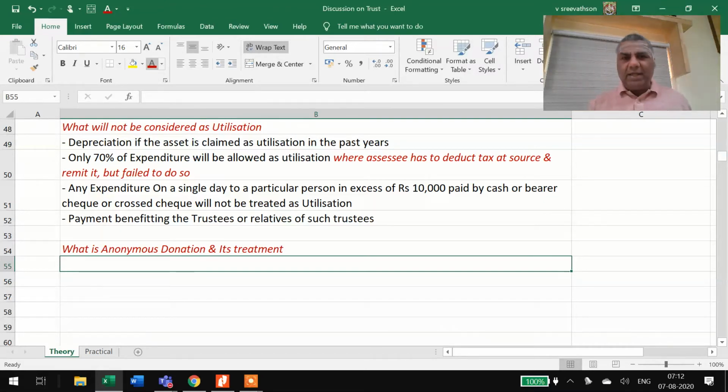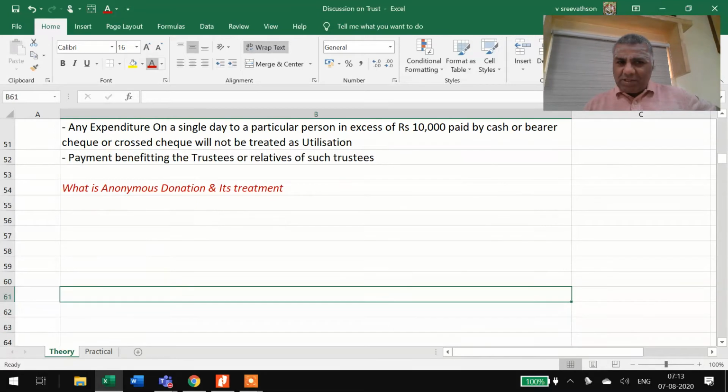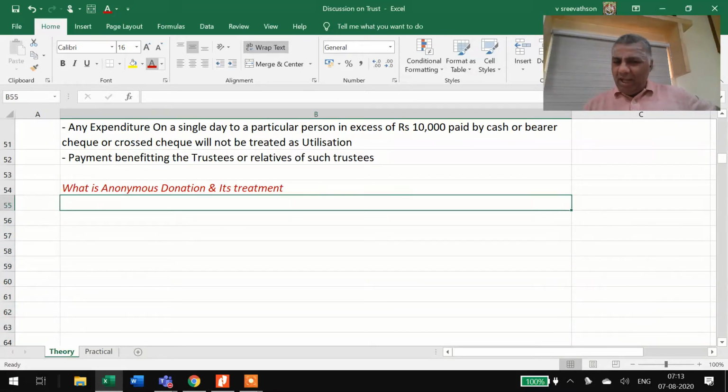Major sources are foreign, and domestically some people within the country are also giving money to the trust. The names don't get revealed and these funds are not utilized in the proper manner.